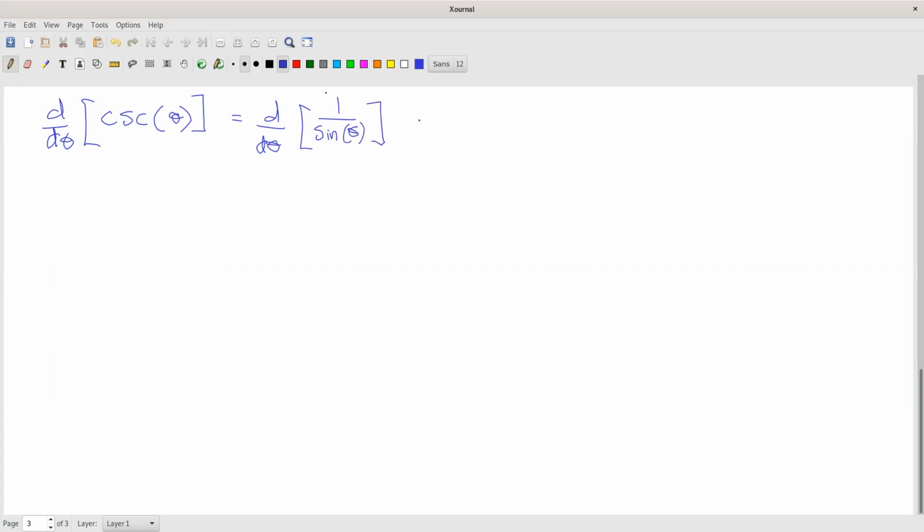So the derivative of the numerator here is 0 times the denominator minus the derivative of the denominator, derivative of sine is cosine, times the numerator, all divided by sine squared theta, right? Quotient rule has that square at the bottom.